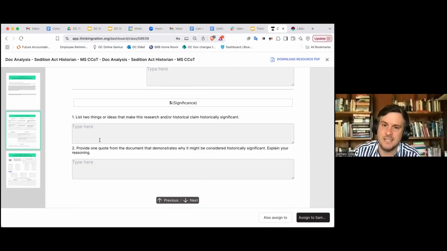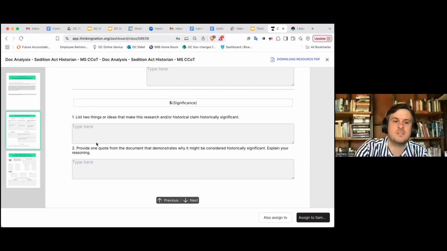But significance actually asks students to ask why might this have mattered, period, for someone else in some other place or time. It gets us outside of ourselves into the role of scholar.